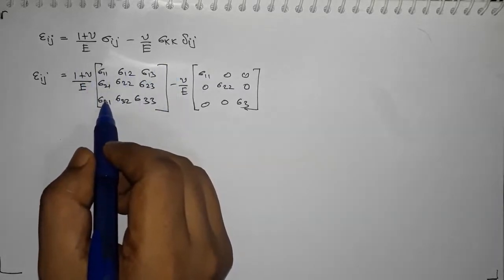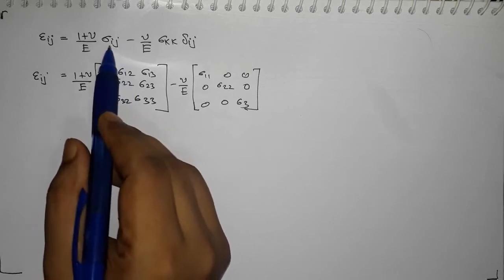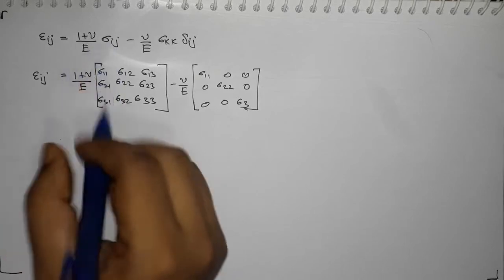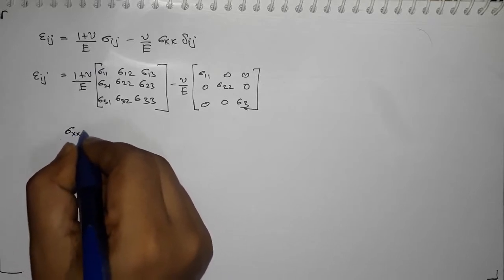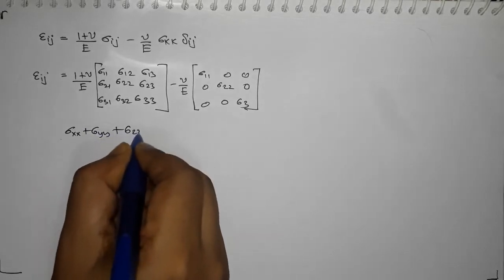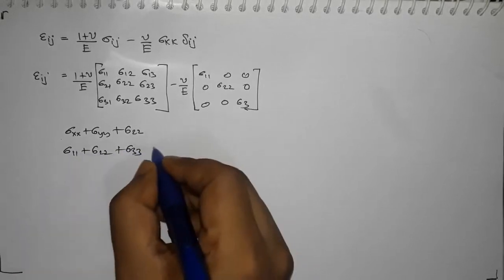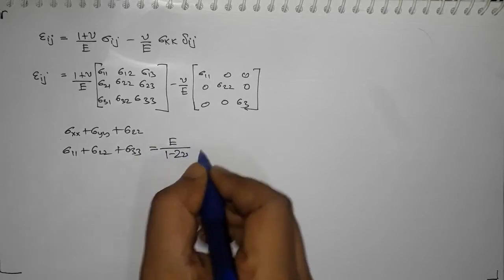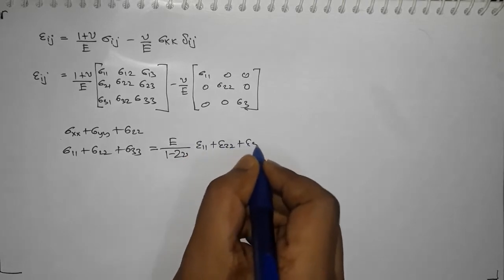Okay. So now you can also find out the relation of stresses, that is, how to calculate stresses from strains. We know that sigma x plus sigma y plus sigma z, or let me write it as sigma 1 1 plus sigma 2 2 plus sigma 3 3, is equal to E by (1 minus 2 mu) times (epsilon 1 1 plus epsilon 2 2 plus epsilon 3 3).